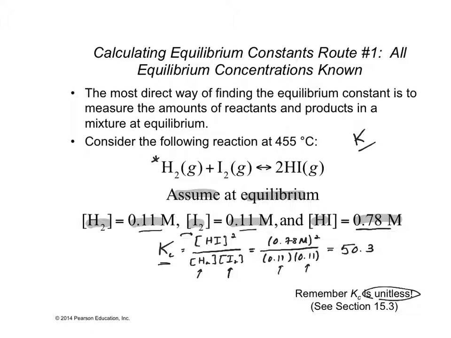It's always unitless. There's a reason for that we don't ever really talk about. There are no units for K, so this is the magnitude of K. You could look at this and say this reaction is probably product favored, so products predominate at equilibrium because this is greater than 1. K is greater than 1, which tells you that products are in greater supply at equilibrium comparatively to reactants.